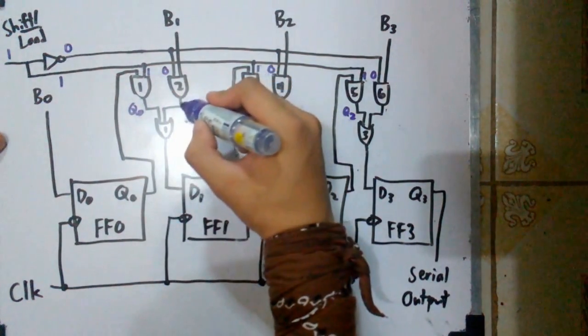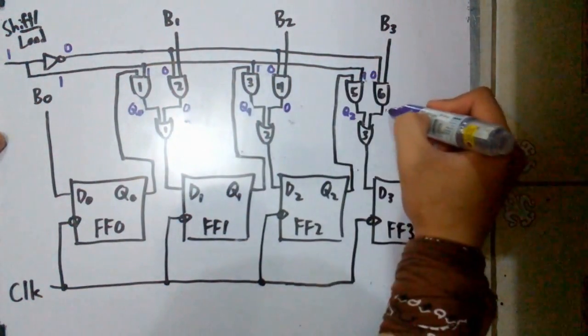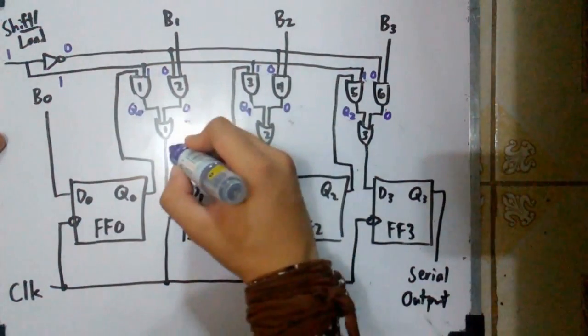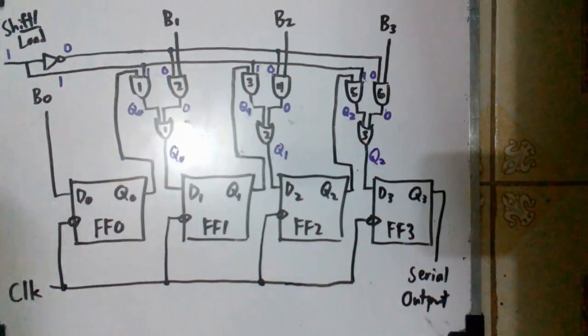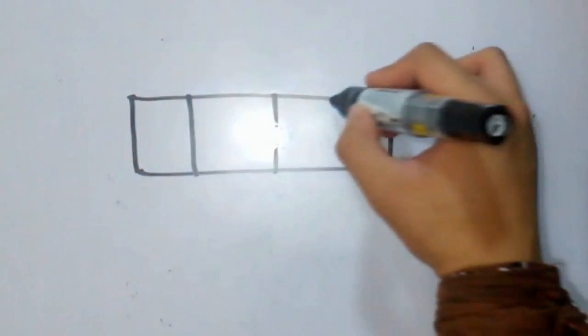This will make the outputs of AND gate numbers 2, 4, and 6 to be 0. Lastly, this will make the outputs of OR gate numbers 1, 2, and 3 to be the values of Q0, Q1, and Q2 respectively.